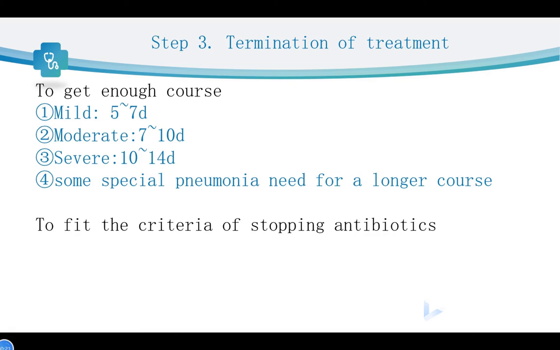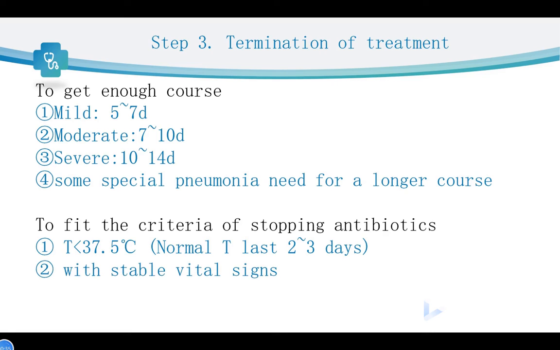Two, to fit the criteria of stopping antibiotics, including the normal temperature of the patient lasting for 2 or 3 days at least, and stable vital signs. If the patient meets these two conditions, we can consider stopping the therapy for this patient.